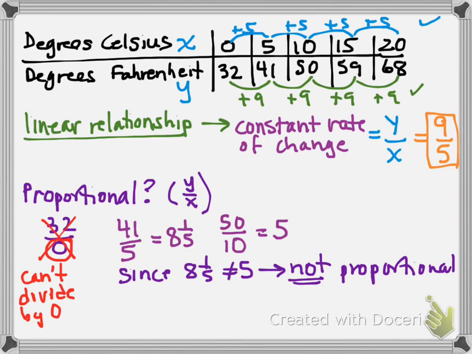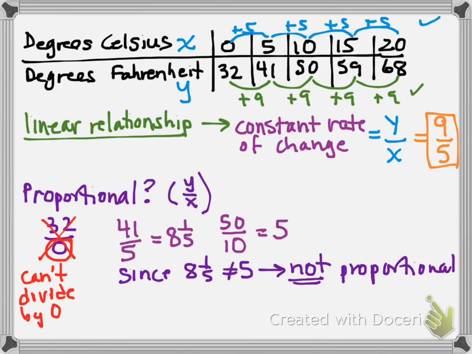We're looking at two different groups of data in order to determine if we have something that's proportional versus something that's linear. Linear is looking at the change in my x values to see if that change is always the same, and the change in the y values to see if the change is always the same. If the change in x is the same and the change in y is the same, then we have a linear relationship, and we can figure out that constant rate of change.